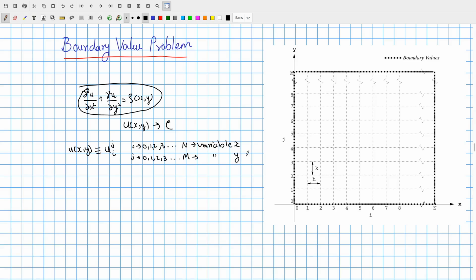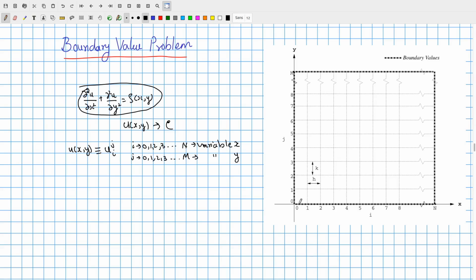To keep it simple, we will use simplistic boundary conditions, where the boundary conditions are constants. The boundary condition is provided by this bold dashed line. This is a closed surface, and we want to seek the solution of u in the interior of this region.